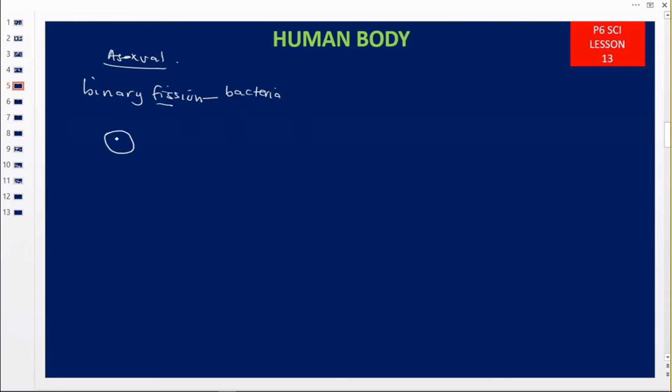This is a bacterium, and it has the nucleus. When it has the necessary conditions to reproduce, it divides itself into two, and eventually we get this young one and this one. This is what we call binary fission.